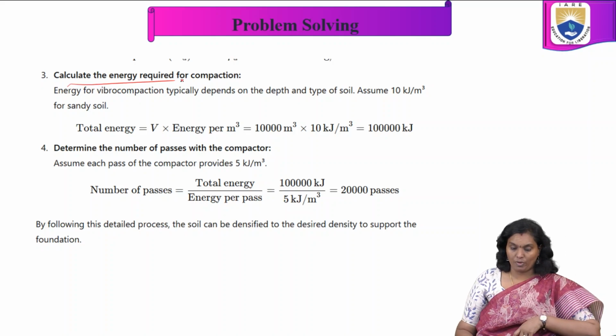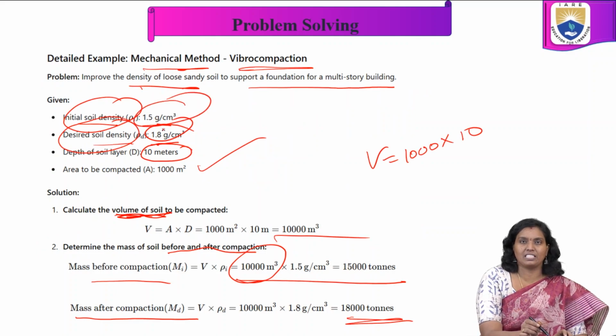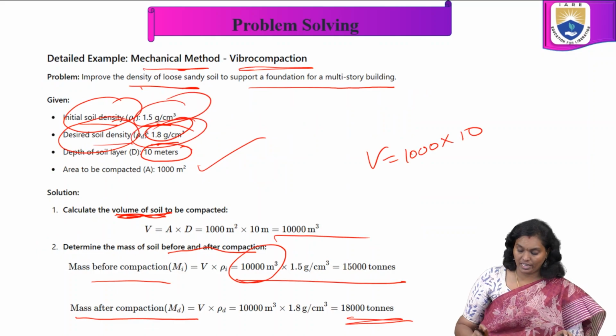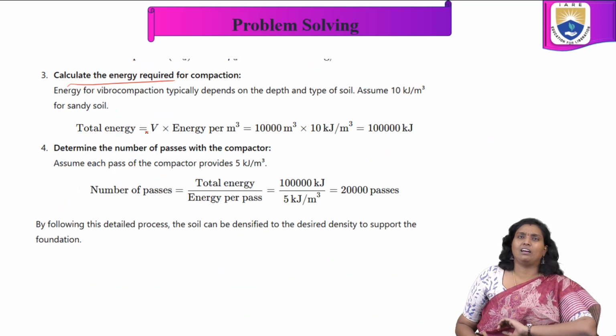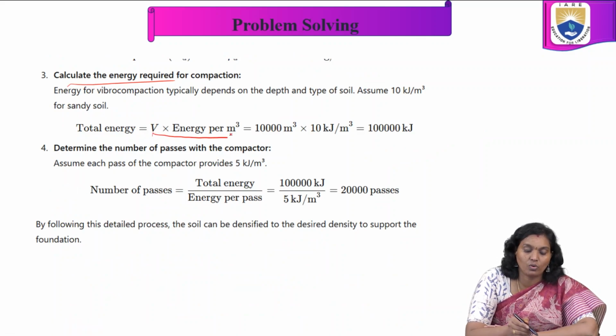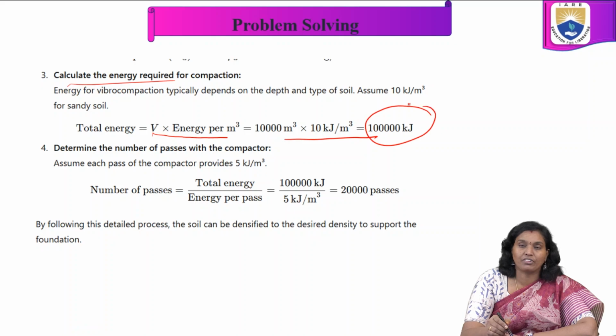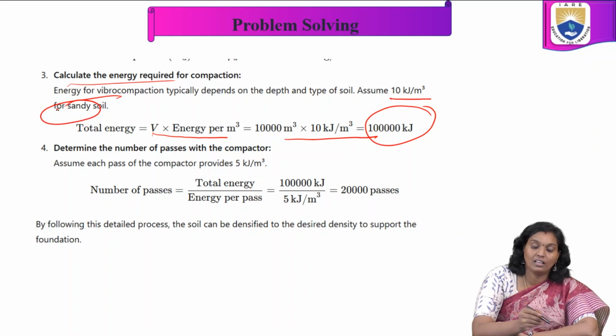The initial soil density is 1.5 and the desired soil density is 1.8. The total energy is the volume times the energy per cubic meter. We calculate in joules. Here we assume 10 kilojoules per cubic meter for sandy soil.